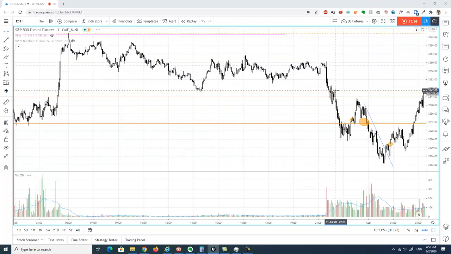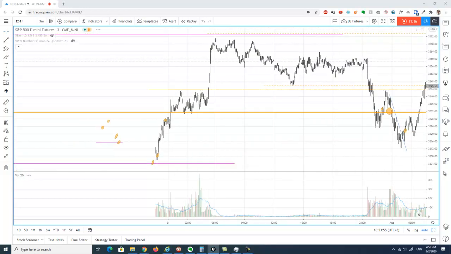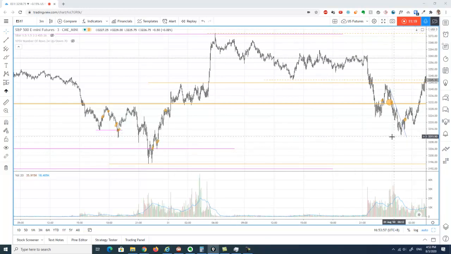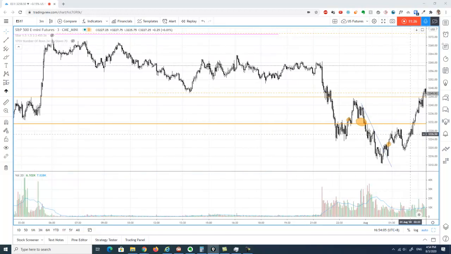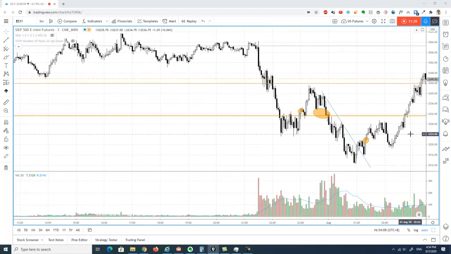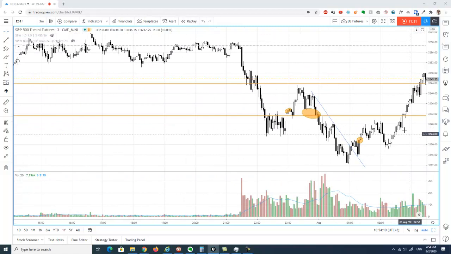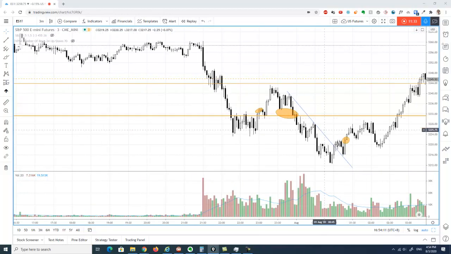It actually stopped somewhere around 3211, because the previous day low was somewhere around 3195. So depending on the level that you are watching, for me this potential long trade will stick to the localized structure alone.